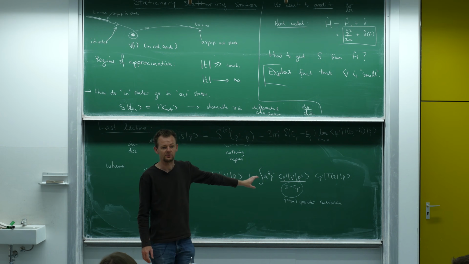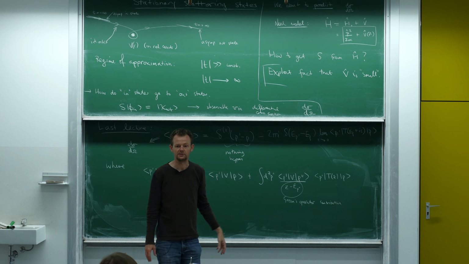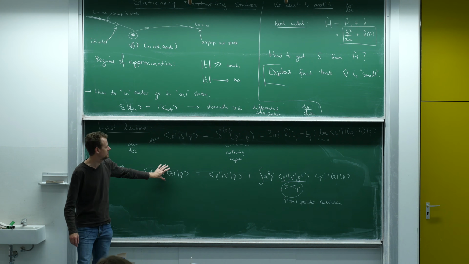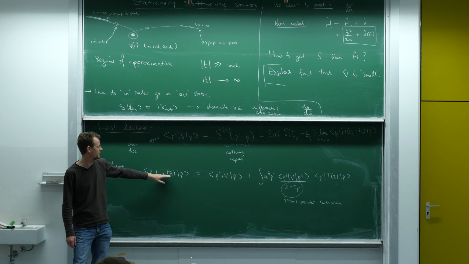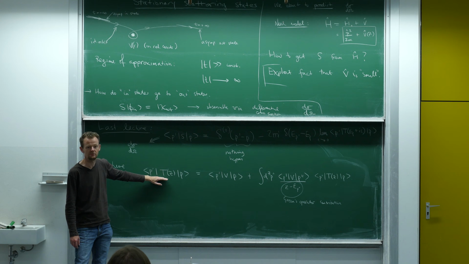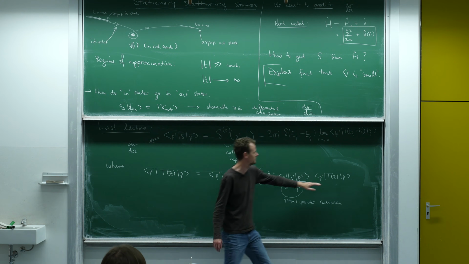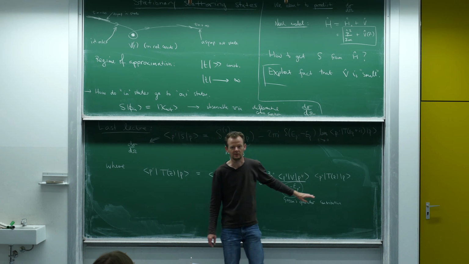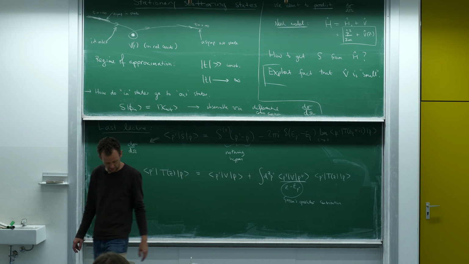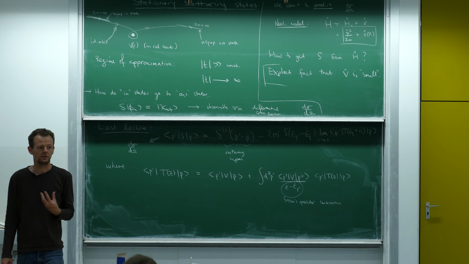Now today's task is to actually do something with this, because this is far too implicit to be useful. We know the matrix elements of T are expressed in terms of some function of the matrix elements of T. That's practically a circular definition, right? However, these things are not circular.